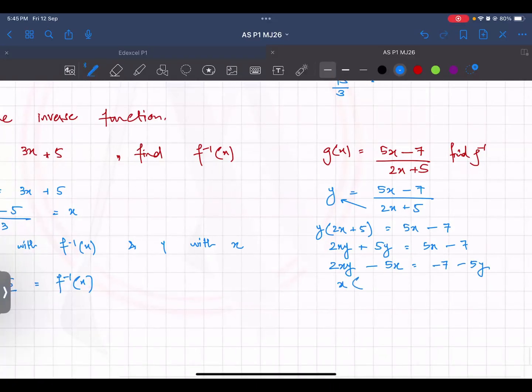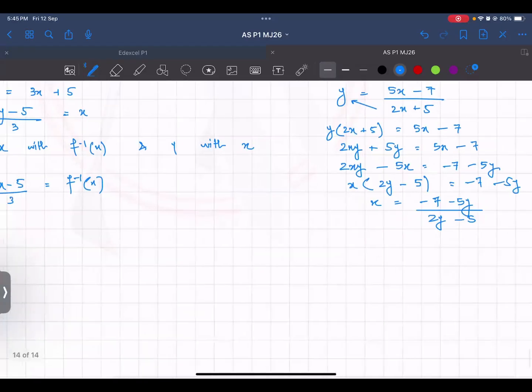X taken common, so x times 2y minus 5 is equal to minus 7 minus 5y. And then x is equal to what is in front of you. So now x is the subject. The last thing is you would replace the x with g inverse and the y with x.